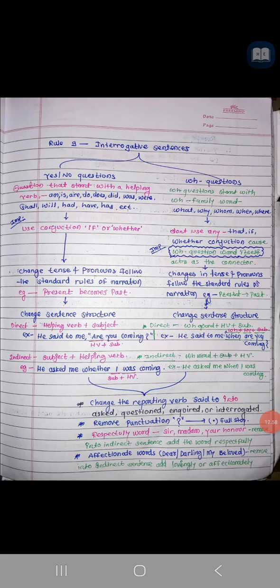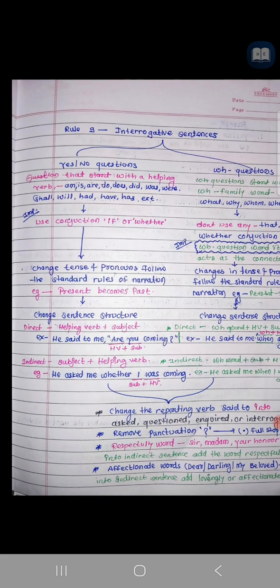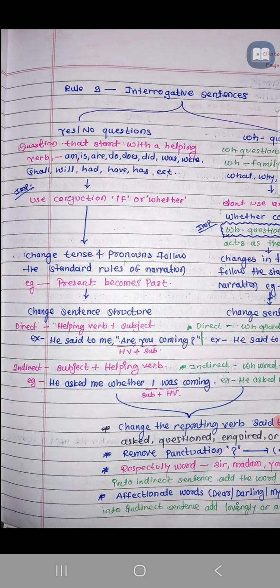Next, rule number 9, interrogative sentences. There are two types of interrogative sentences. First, yes-no questions, and second, WH family questions. Let's see first the yes-no type questions. Questions that start with a helping verb, am, is, are, was, were, shall be, will be, have, has, do, does, did, etc. are called yes-no type questions.